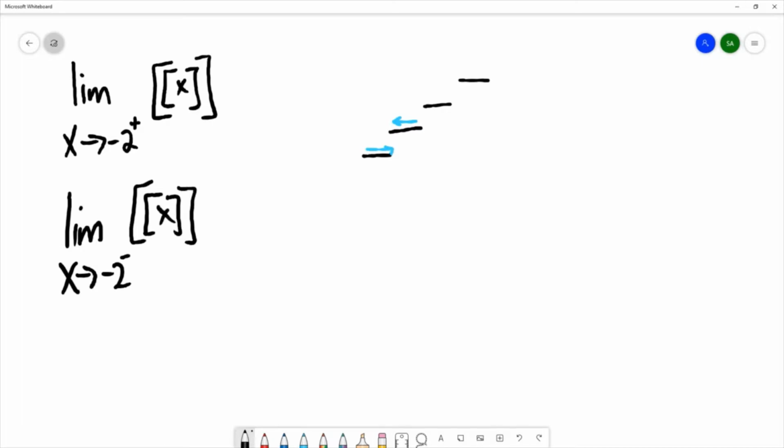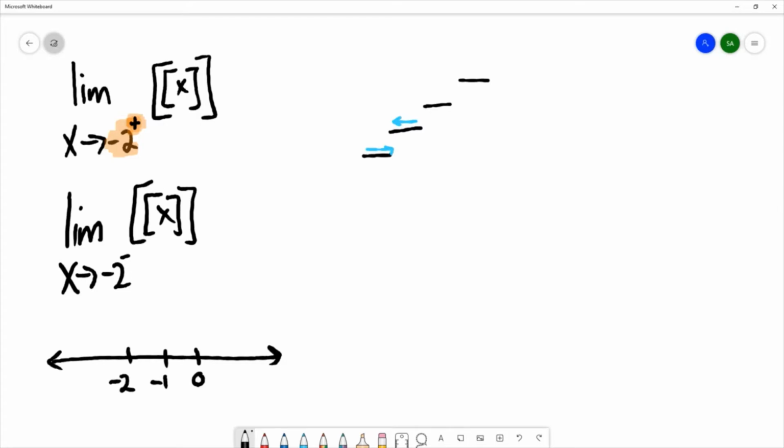So let's focus on finding the limit as x approaches negative 2 from above. That's what the plus means. And so I'm going to do kind of a slight modification of direct substitution. And the modification that I'm going to do is, instead of choosing this exact number, I'm going to choose a number that's a little bit bigger than negative 2. So if I'm thinking about my number line, I've got 0, negative 1, and negative 2.